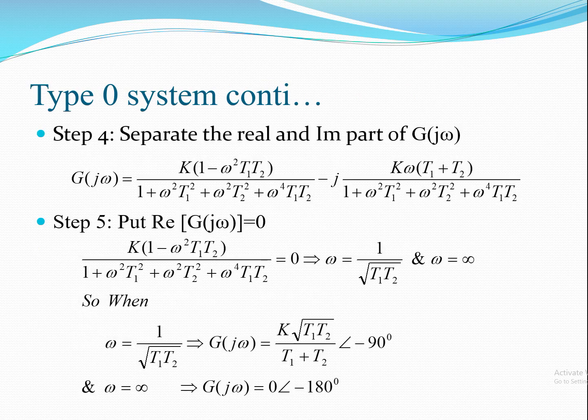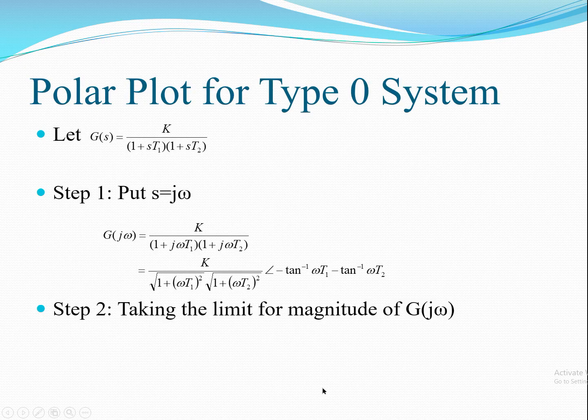okay, K under root t1 t2 divided by t1 plus t2, angle of minus 90 degree. Okay, and same way if I am putting omega equal to infinity, I will be getting G of j omega equal to 0, angle minus 180 degree. Okay, so that you have to do.